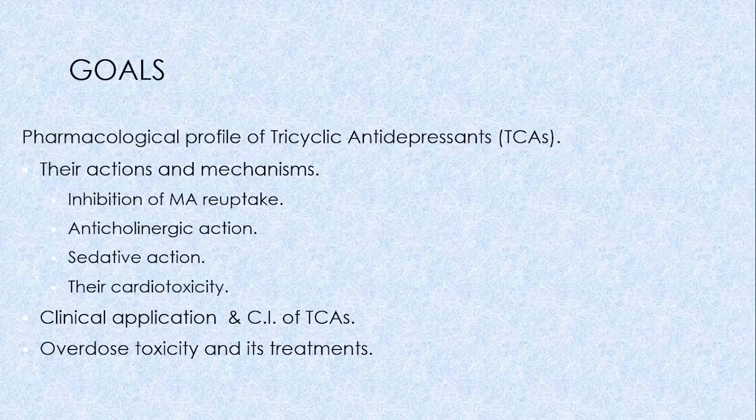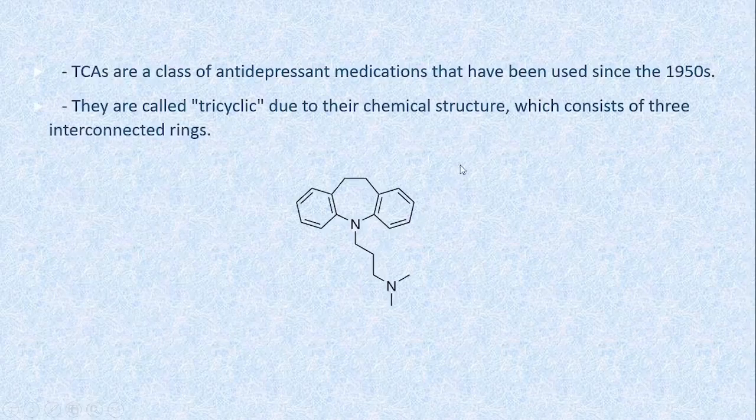So what are the tricyclic antidepressants? They were drugs which were introduced in the late 1950s, and they have a tricyclic structure. As you can see, this is the tricyclic structure of the prototype imipramine, as you will see later.